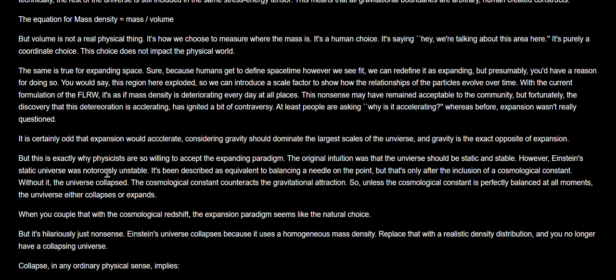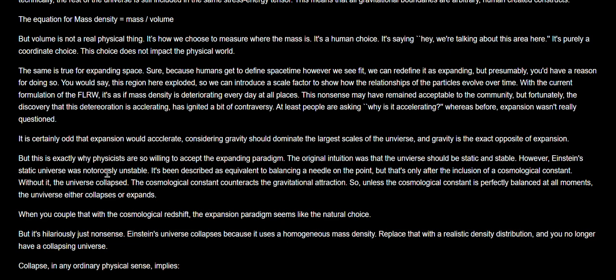That's because he included this thing called the cosmological constant. And the reason is because he assumed the universe would collapse, and that's because he used a homogeneous mass density. And this is what sucks: Einstein made the mistake of assuming the universe was homogeneous. This is a fatal error. The universe is not homogeneous. It does not collapse.